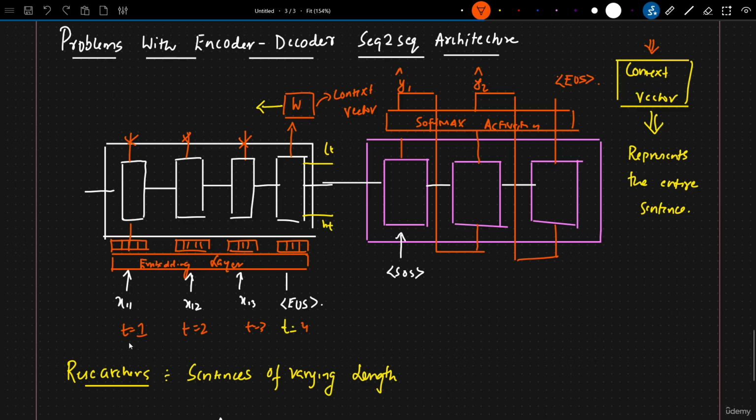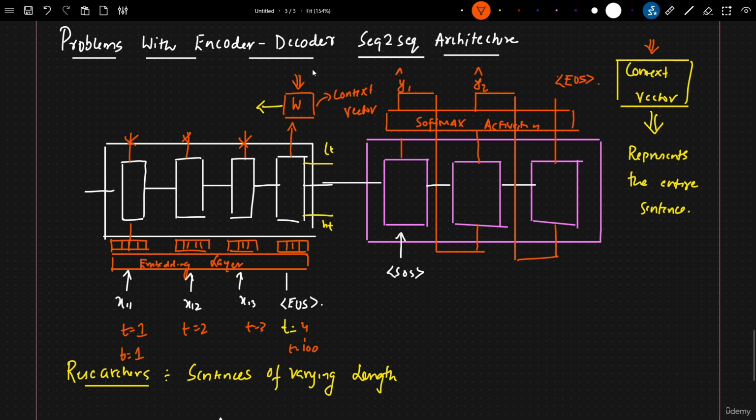But what about at T is equal to 1? And if my sentence keeps on becoming bigger and bigger, let's say if this is T is equal to 100, this single context vector will have more context information about the recent words with respect to the timestamp. But what about those words that came at T is equal to 1, T is equal to 2? It will have less context because the context vector will have limited information about it.